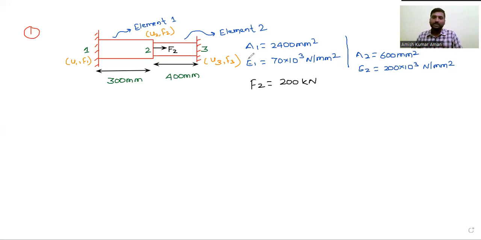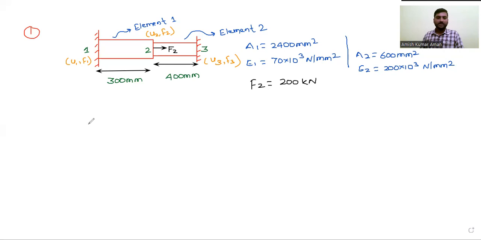The individual stiffness matrix is also called the local stiffness matrix, which we calculate for each individual element. Here there are two elements, so we will calculate K1 and K2, and then finally find the global stiffness matrix using the K1 and K2 values.